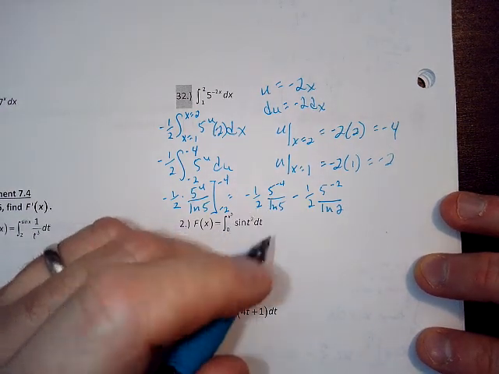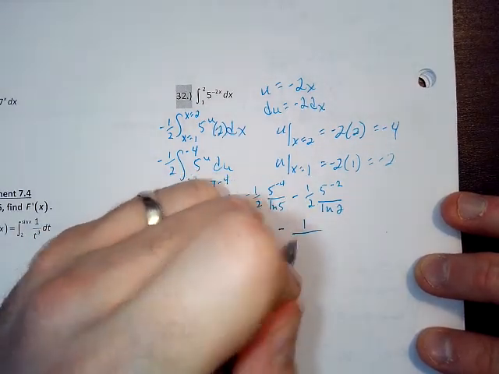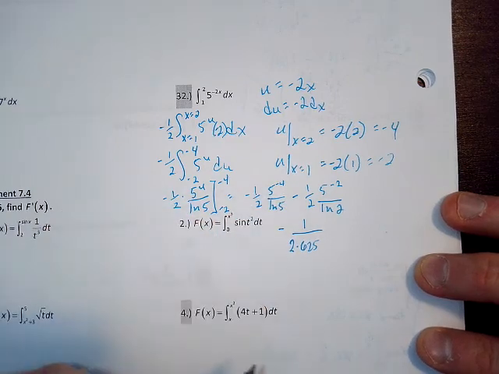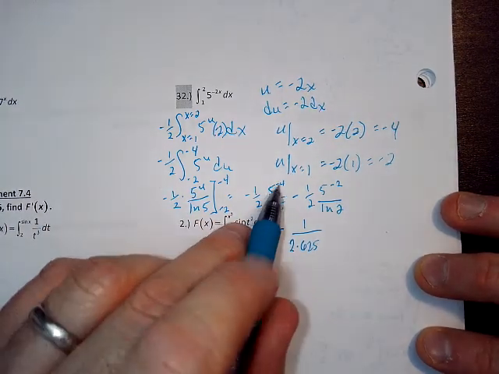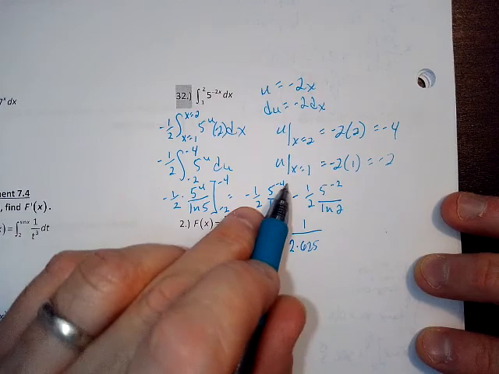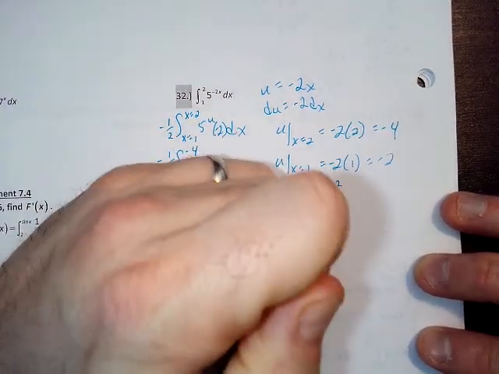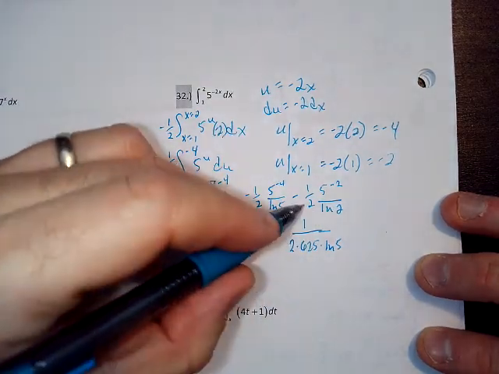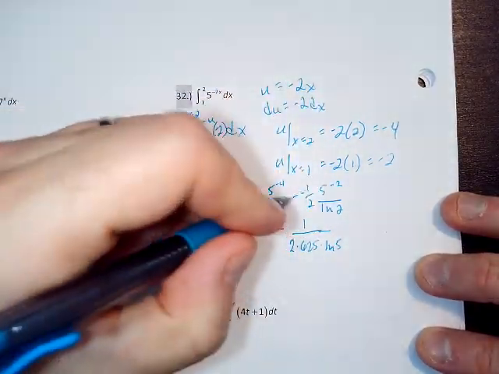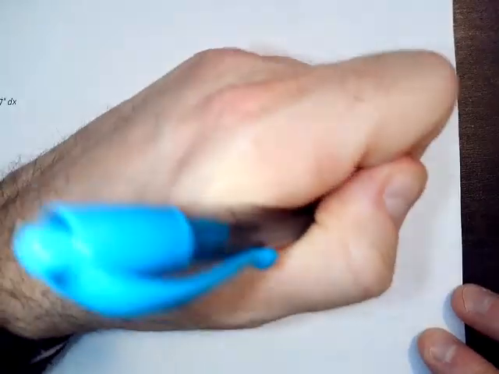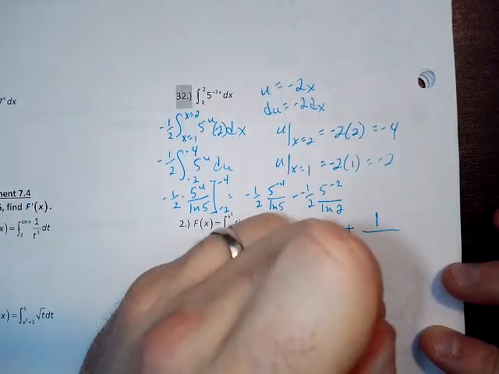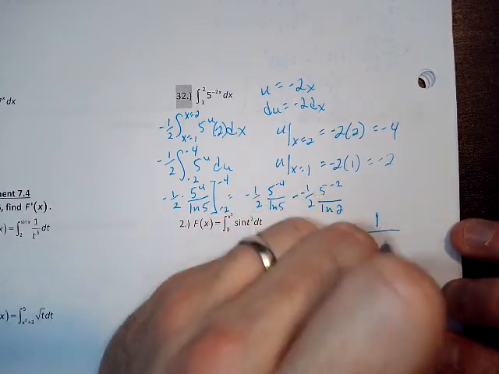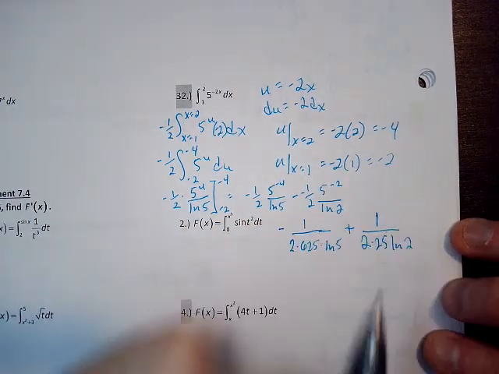So I'm going to have negative 1 over 2 times 625, because 5 to the negative 4 puts the 625 in the denominator, and then I have the natural log of 5. All right, and then I have minus, this should be minus a negative 1/2, so that should actually become a plus 1 over 2 times 5 to the negative 2nd, which would be 5 times 25 times the natural log of 2.